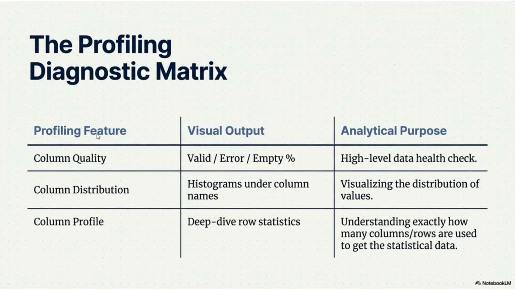So you're profiling features like column quality, column distribution, and column profile. The visual output shows whether there is valid data, an error, or an empty column. So that's one. And for analytical purposes, this is high level data, used for checks, visualizing the distribution of values.